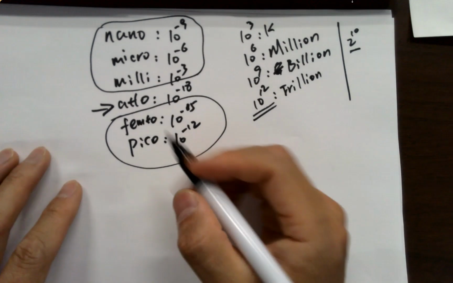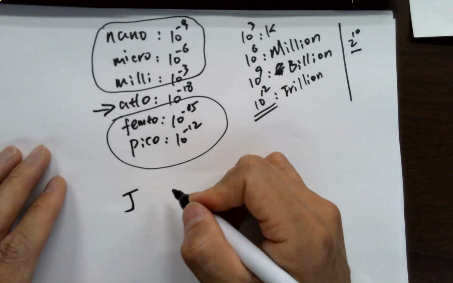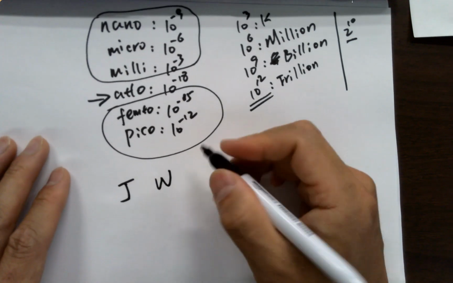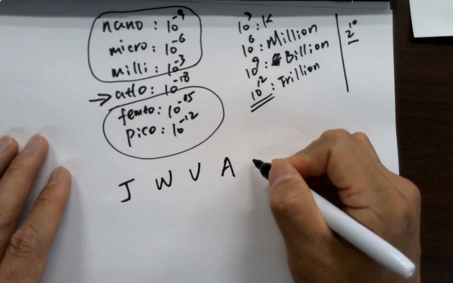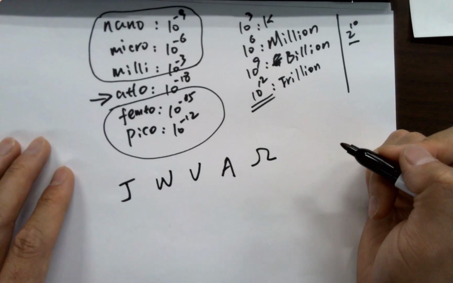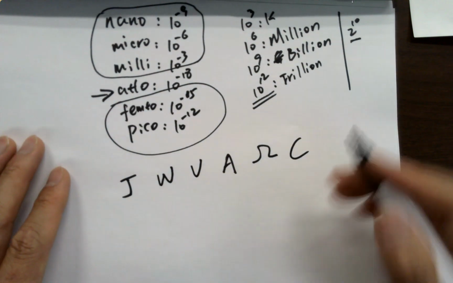And the standard units will be joules for energy, watts for power, volts for voltage, amps, ohms. Am I missing anything? Coulombs. Seconds.